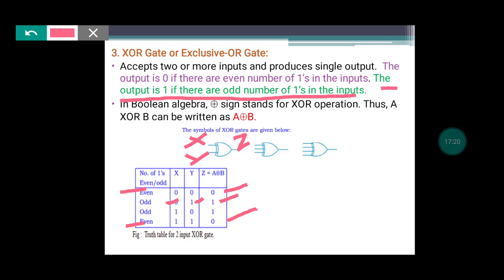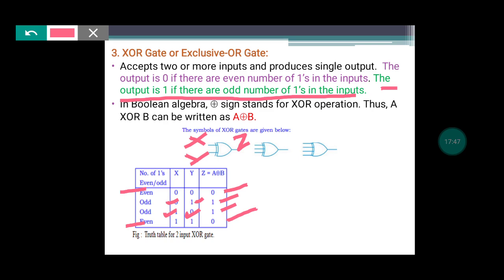High voltage input has appeared how many times here in the second row? It has appeared 1 time. In the third row, 1 has appeared 1 time, that is for X. Y has input 0. So here high voltage, that is 1, has appeared 1 time. So the output is 1 for this.